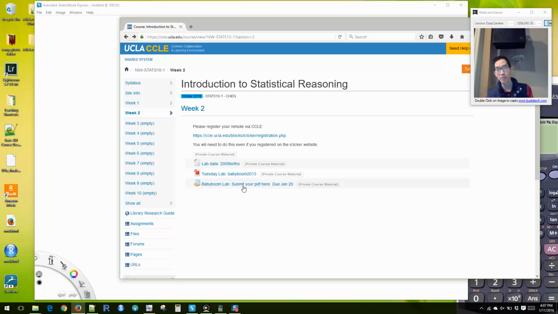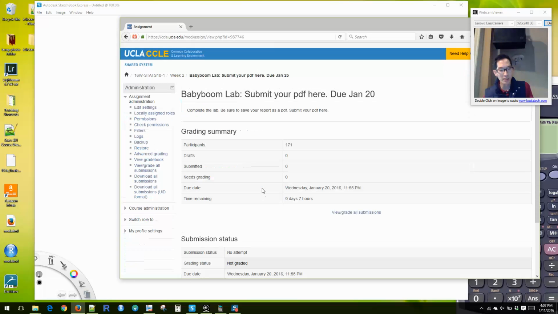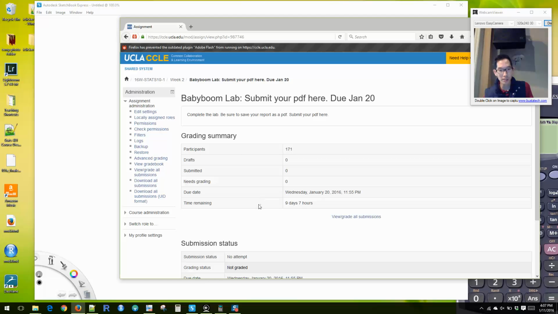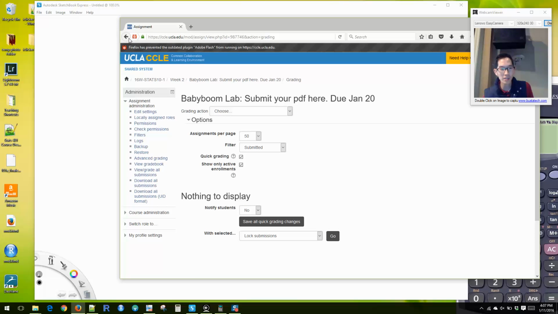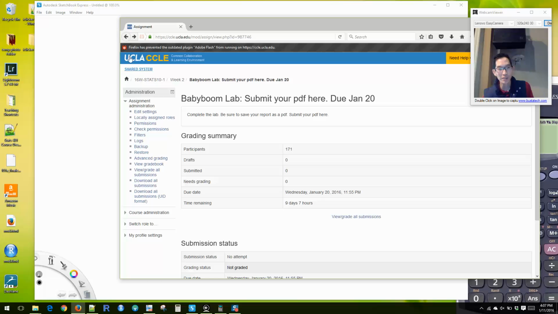What you'll do in tomorrow's lab is the TA will work through the lab with you, and you will save your lab report as a PDF, and you will submit it here. You know what? I just realized, when you guys submit it, well, I'm not sure. I have to play around with this thing.